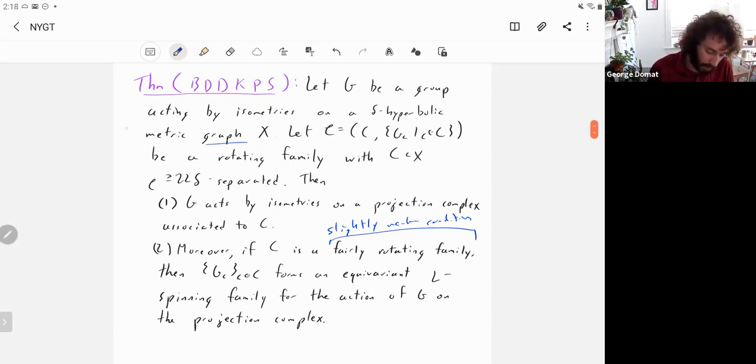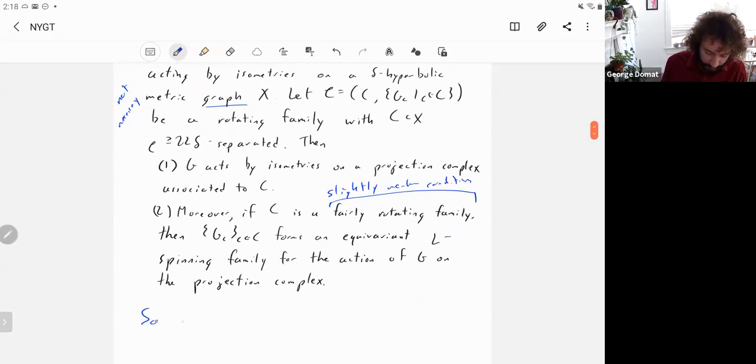This is also not necessary. The full strength of DGO is for geodesic metric spaces. But for the sake of exposition, we just did everything for graphs. And then we can prove a little lemma that says you can upgrade to a graph. Great. So this theorem, plus the Clay-Mangas-Margulies result, implies the DGO result.